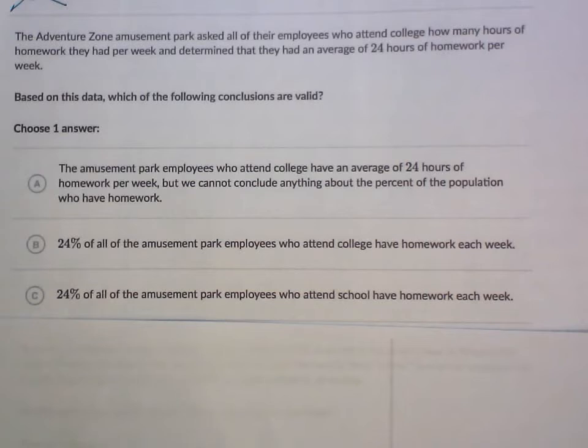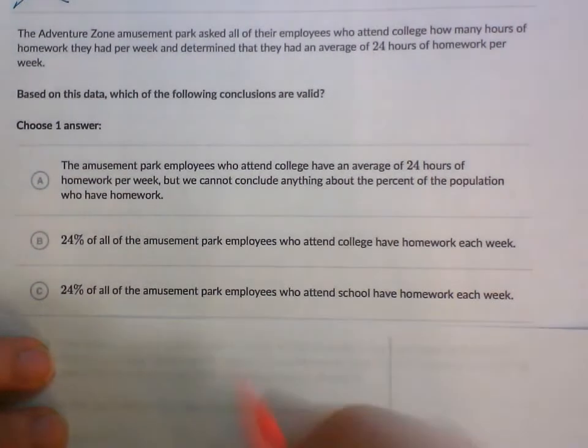And then they determined that on average, they had 24 hours of homework per week. So all the college students that worked at Adventure Zone, they took the average, and on average, they had 24 hours.